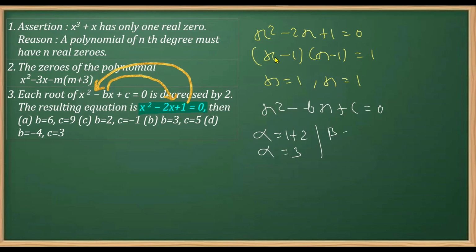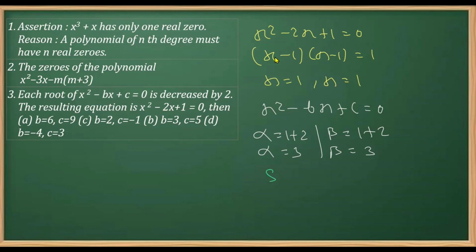And likewise, beta is 2 more than the previous polynomial's zero. So it's 1 plus 2. So beta also comes out to be 3. Now here we are going to use the sum and the product. What is the sum of the zeros, alpha plus beta?